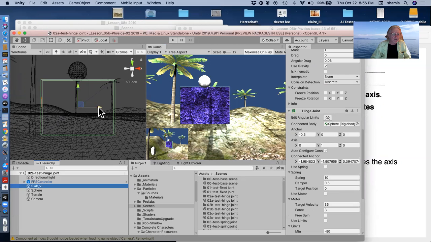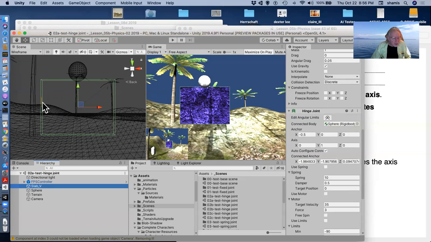This is the x direction in this local coordinate system. And so the anchor goes from minus 0.5 all the way at the right-hand side of this thing to plus 0.5. No, the other way around, from minus 0.5 all the way to the left-hand side of this thing to plus 0.5 at the right.